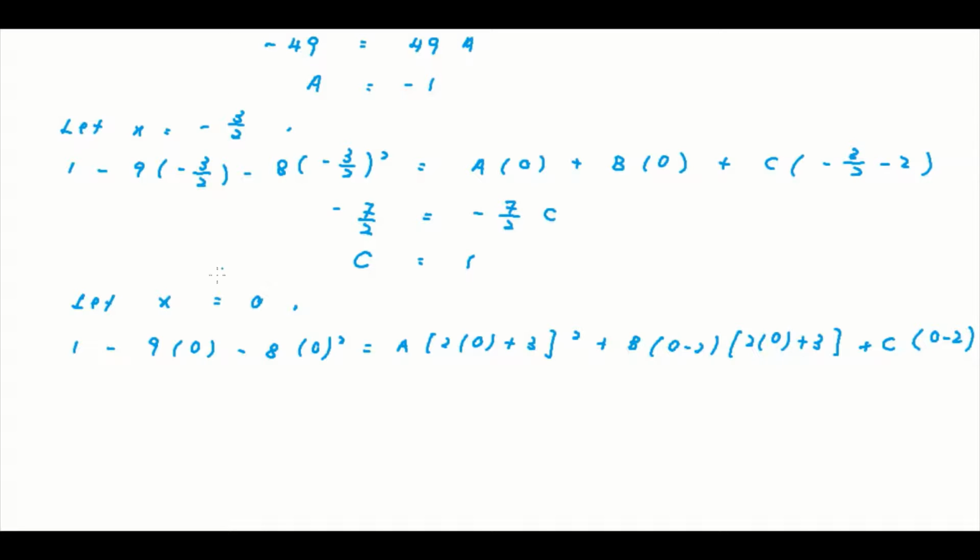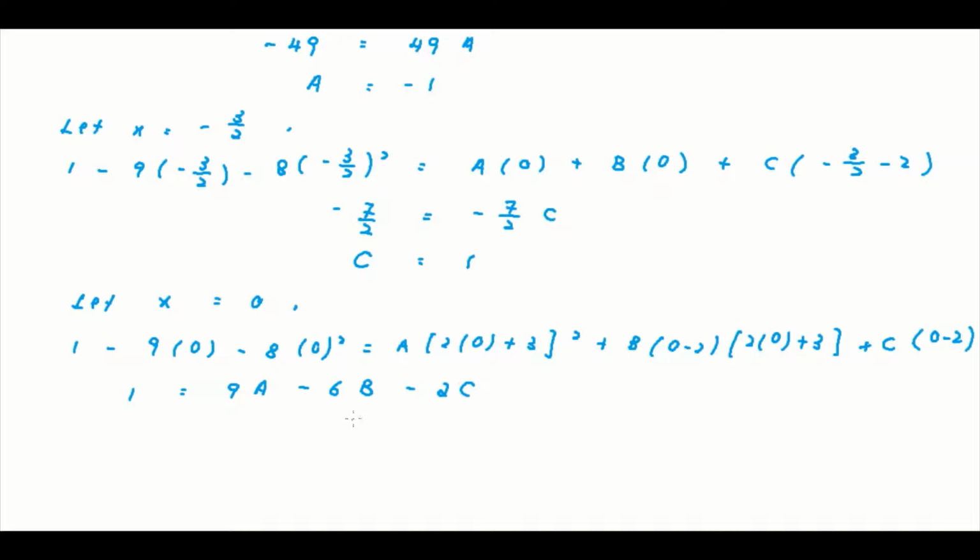Okay, so same thing, try to solve it. In front here, you will be getting 1 equals 9A, and then plus, it should be minus, is it negative 2? So yeah, minus 6B and minus 2C.